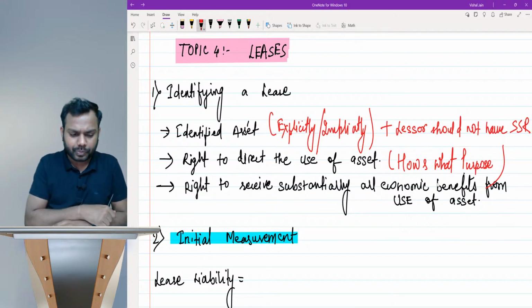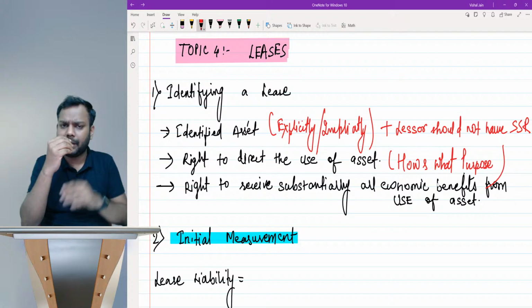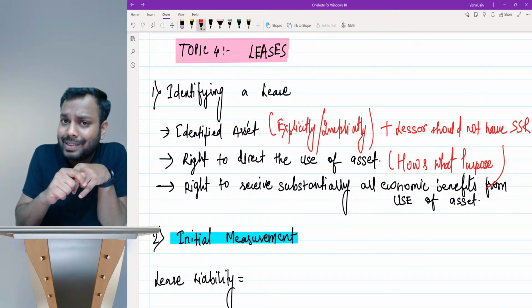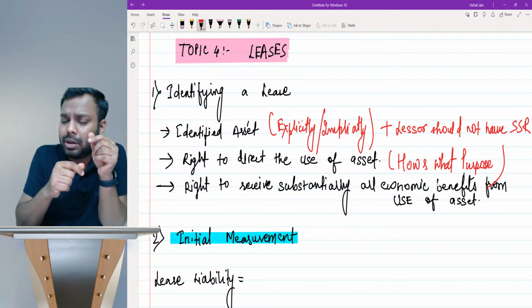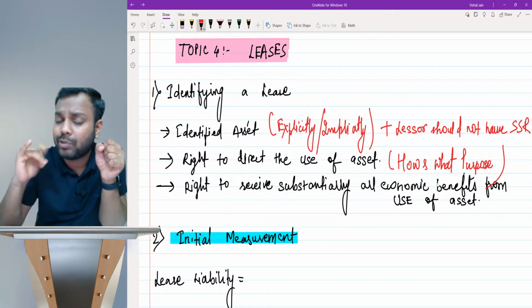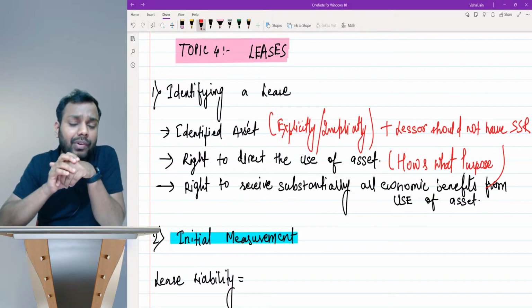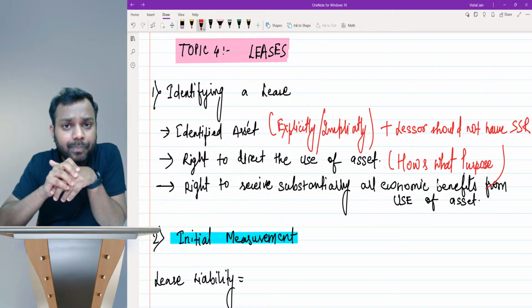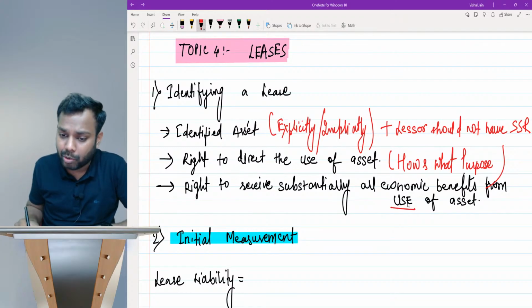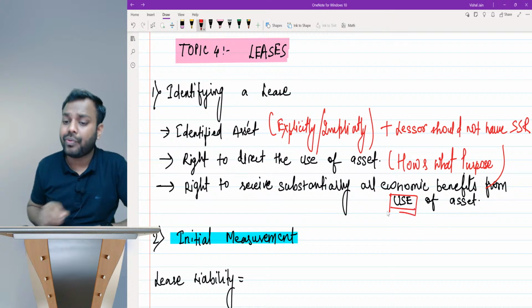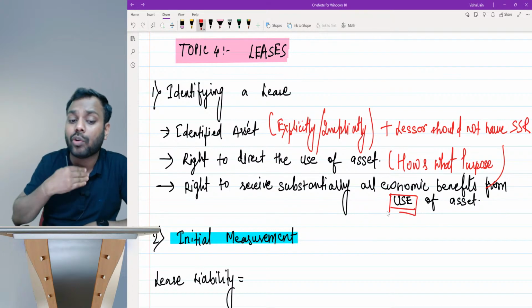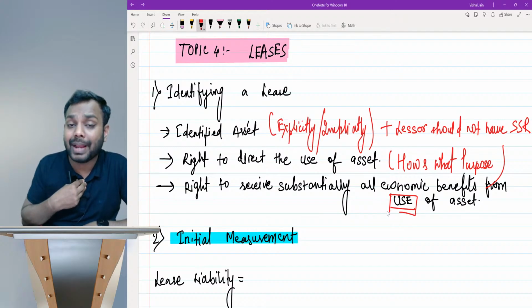Now tell me, if I have the right to determine how will the asset be used, don't you think all the economic benefit that is coming from the use is also mine? I'm not talking about the ownership, I'm talking only about the use. Benefits from the use should substantially be mine, the lessee.